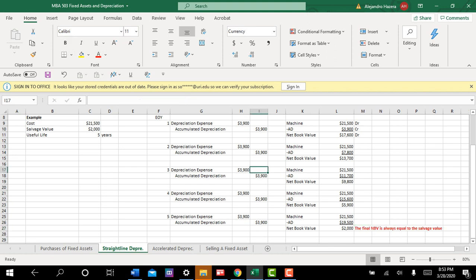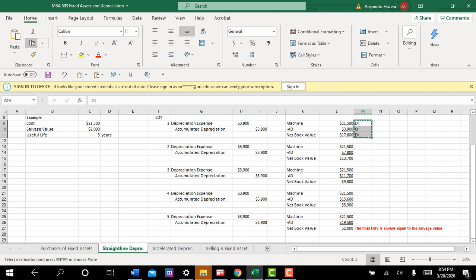Okay, and that almost finishes my little lecture on straight line depreciation, but I just want to make sure that we put these debits and credits in the right place. So the machine is always going to be a debit, and it's not touched until you sell a machine. The accumulated depreciation is a credit, and then the net book value is always a debit, assuming that your estimates of the machine's life are good, and we're assuming that here.